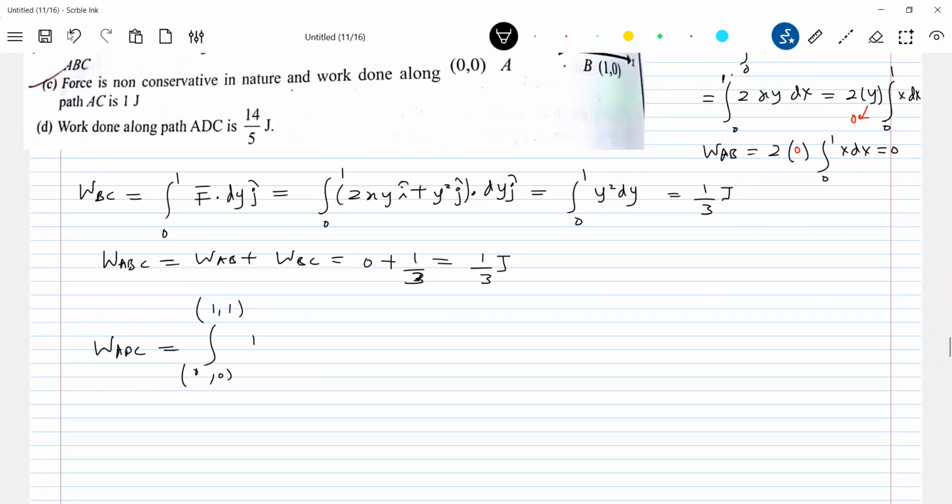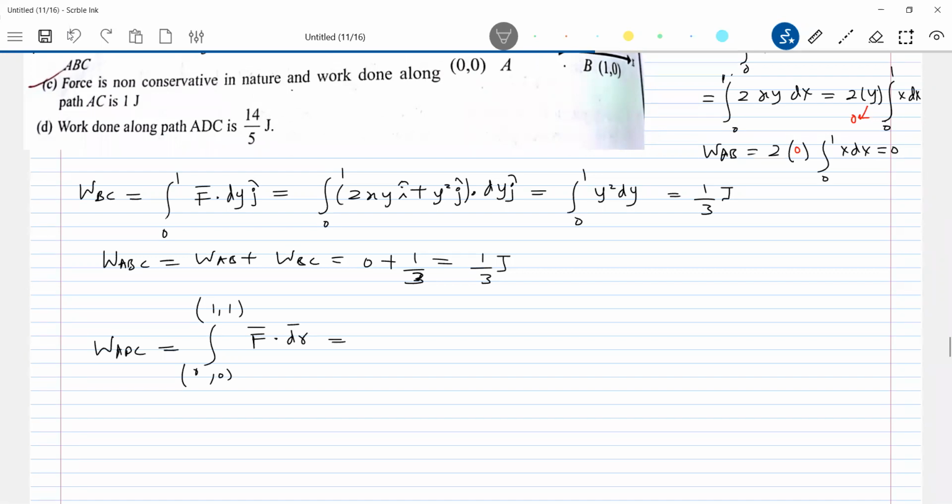So this will be F bar dot dr bar. Can we directly integrate here? Or should we do it individually? I think both are the same, no? Both are the same, so I'll take the next step.